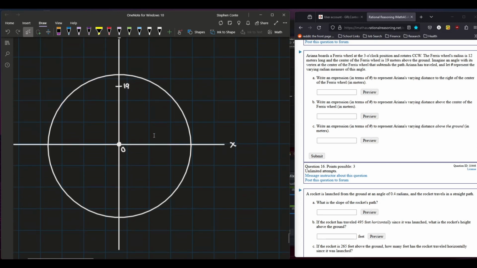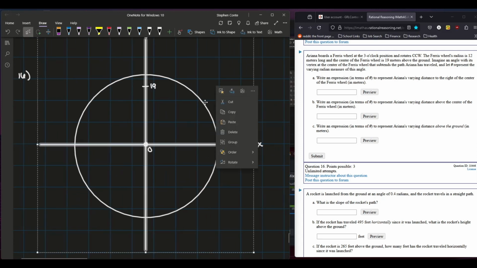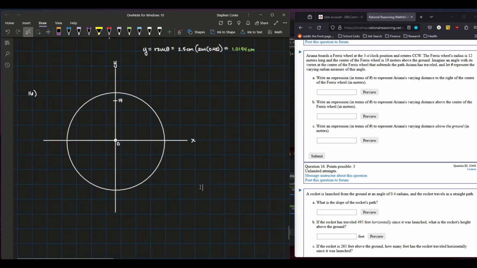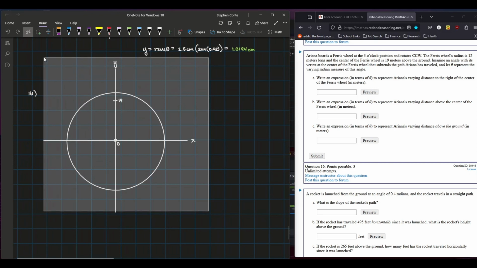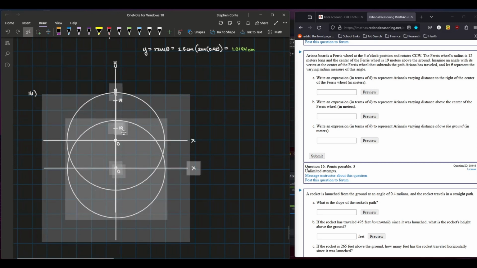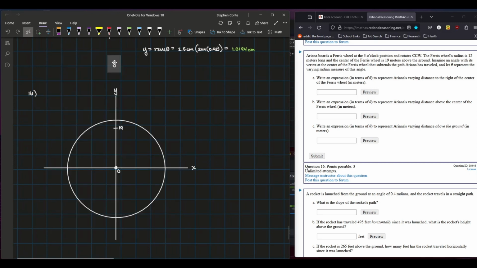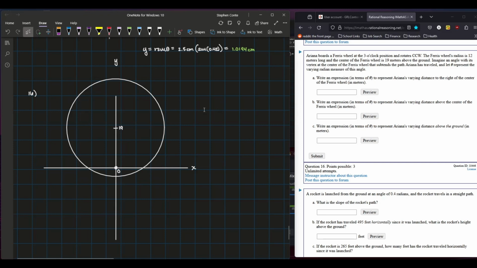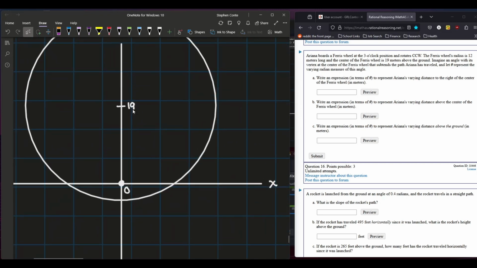The center of the Ferris wheel is 19 meters above the ground. So what would make more sense is to have this circle centered at 19 instead of 0, because the center of the circle is 19 meters above the ground.